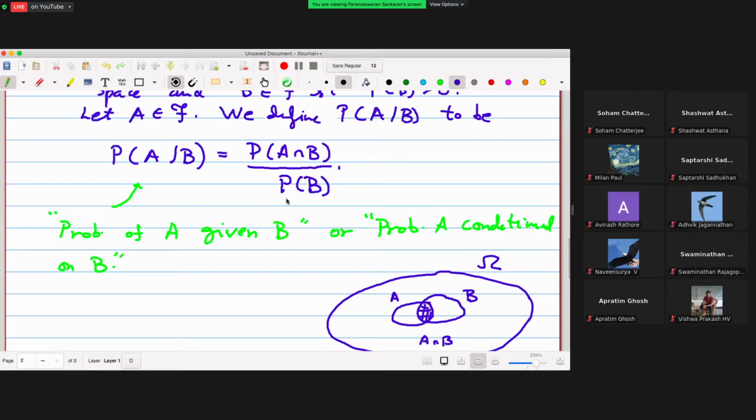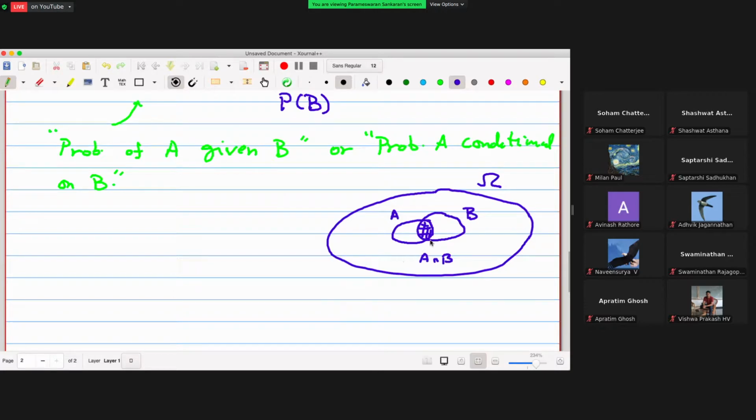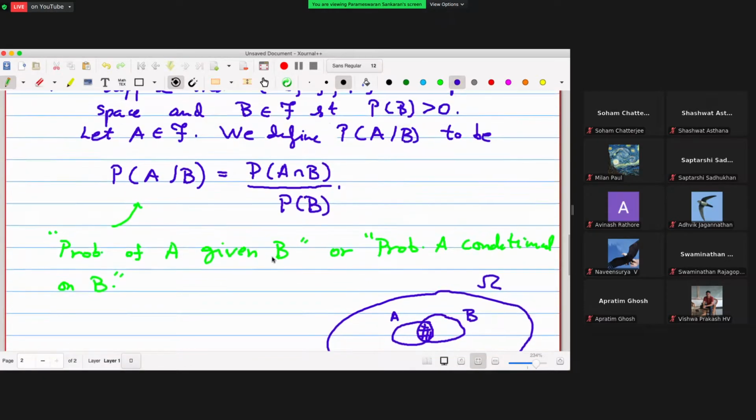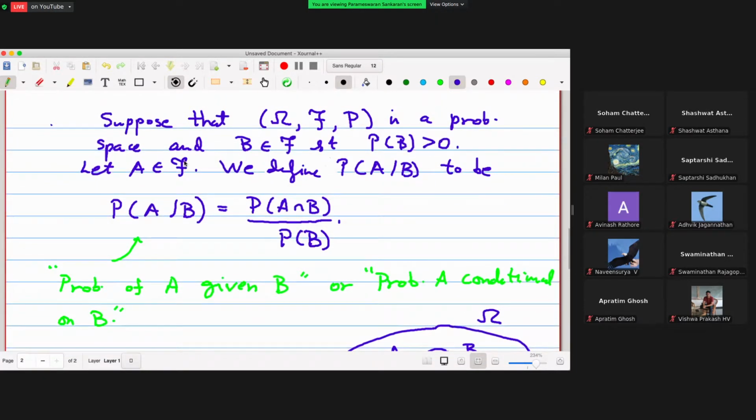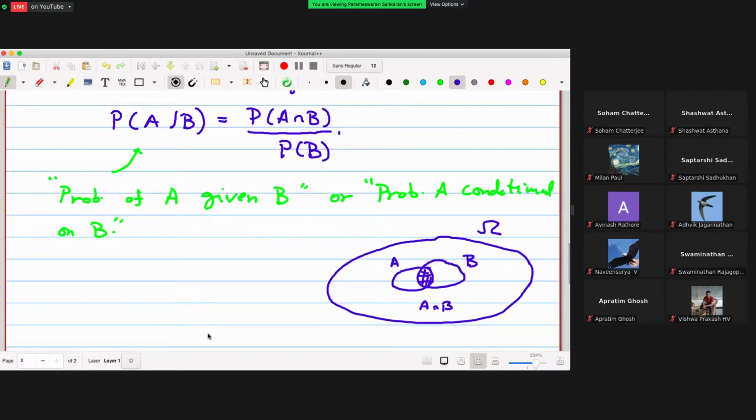Mind you, you can think that your new omega is now your region B. And therefore you can think of your favorable sets, all possible events when omega has become B, as the collection F intersection B, by which we mean all A intersection B, A in F. And of course, again, you can think of this function P.